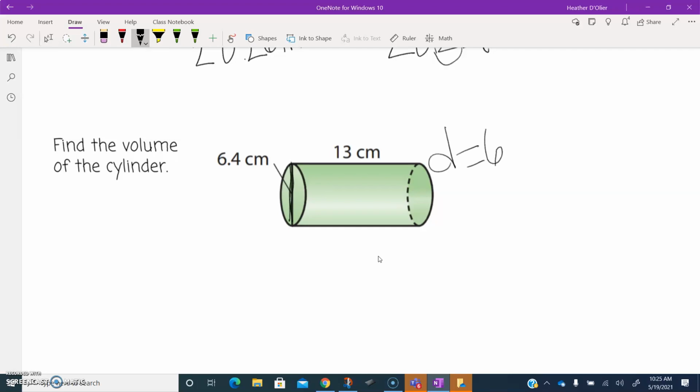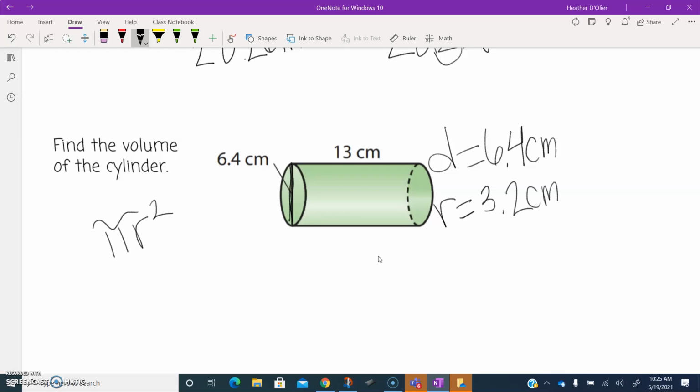So my diameter is 6.4, and my radius is half of 6, which is 3, and half of 0.4, which is 0.2. So 3.2 centimeters. I need to make sure I'm putting those measurements on. It's still the same process. I'm finding the area of the base shape, the circle, multiplied by the height of the cylinder.